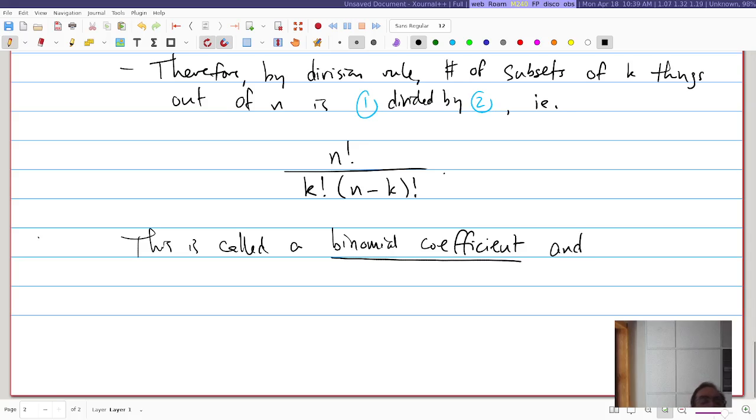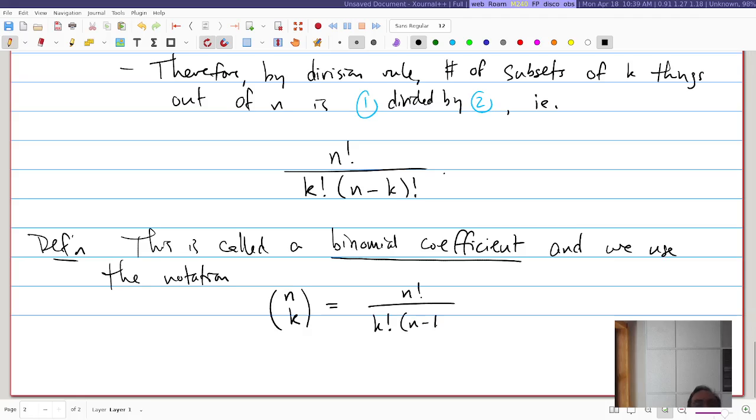And we use the notation: we put big parentheses with an N and K like this. And we pronounce this symbol here N choose K, because it tells us the number of ways to choose a set of K things out of a set of N things.